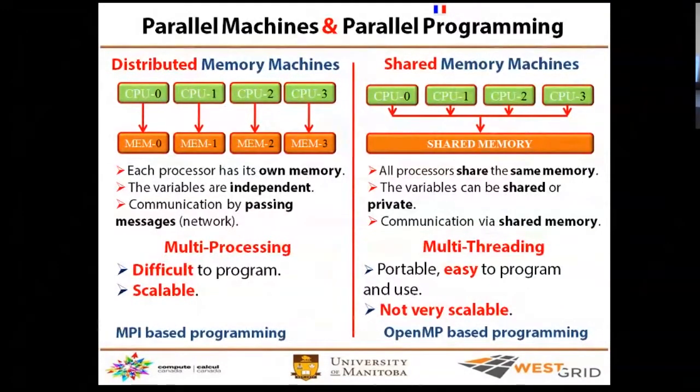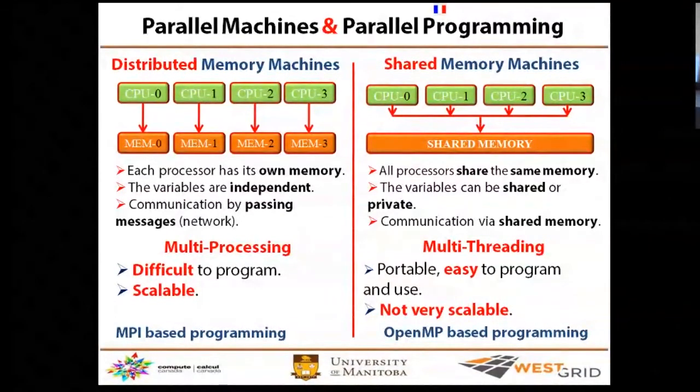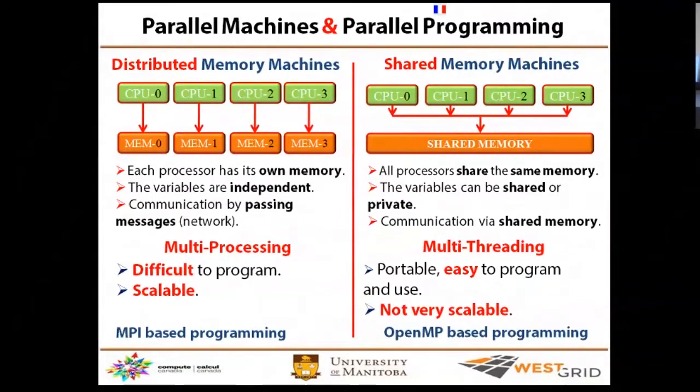So you have communication via network. The second type of machine is called shared memory machines, which means that in one computer you have many cores, and all these cores share the memory. The communication between the different cores is made via shared memory. So all the processors share the same memory.